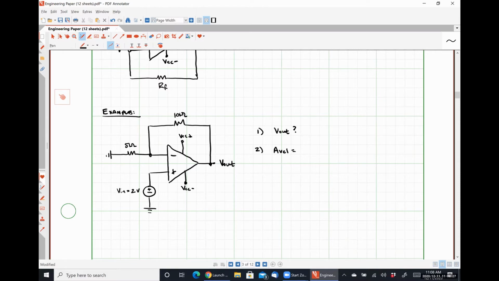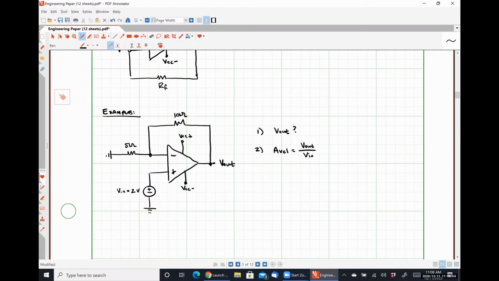And this wasn't an appropriate thing to find when we had positive feedback, because we saw that we were always operating effectively in saturation. And so changes in the input voltage did not create subsequent changes in the output voltage. So there was really no way to measure the gain. In a closed loop system, our voltage gain should be simply V out divided by V in.